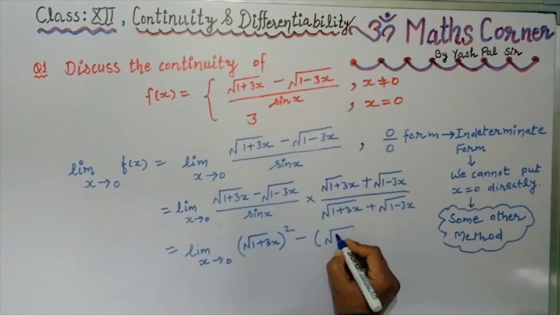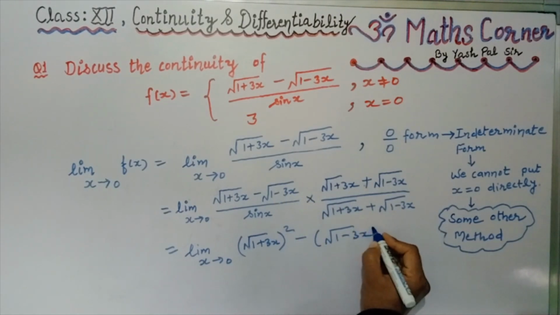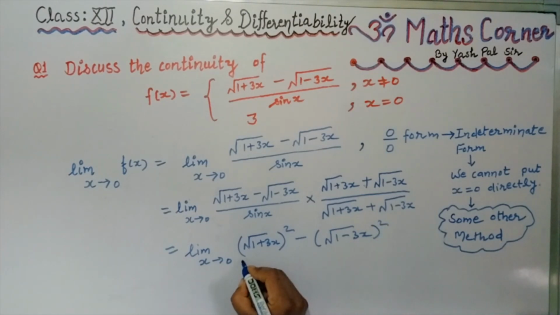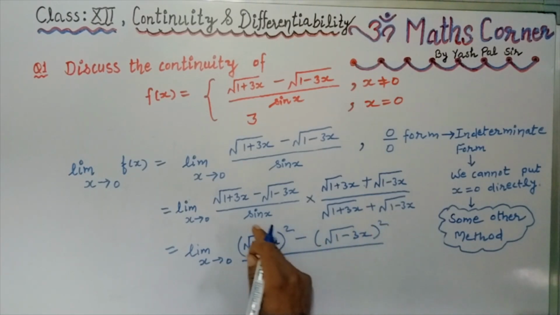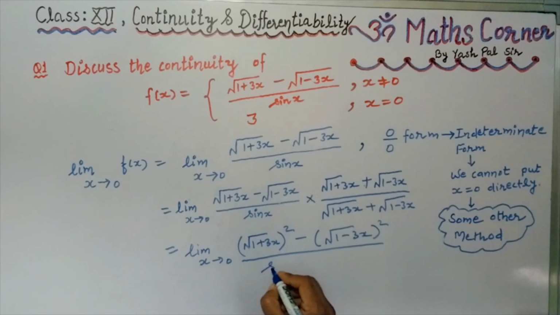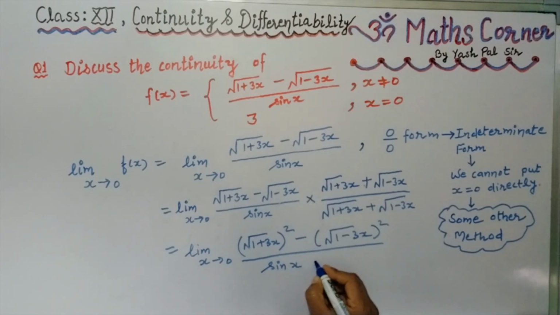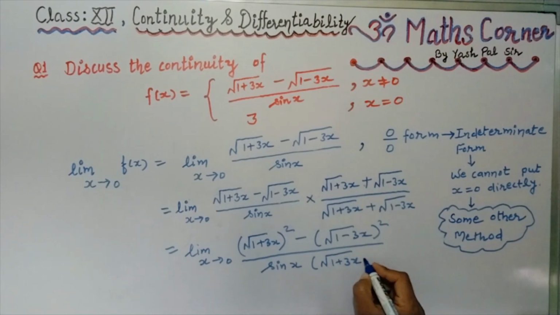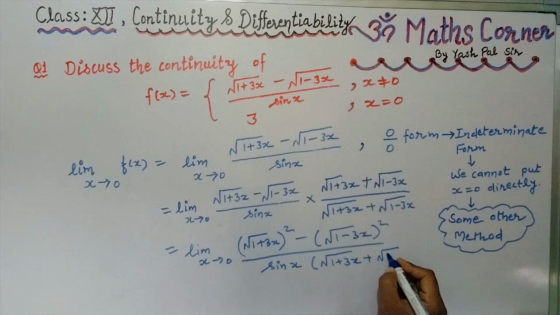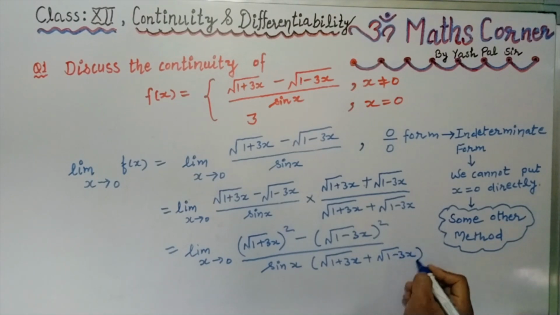B is square root of 1 minus 3x, its whole square. And in the denominator, first of all sin x, next this whole bracket, square root of 1 plus 3x plus square root of 1 minus 3x.